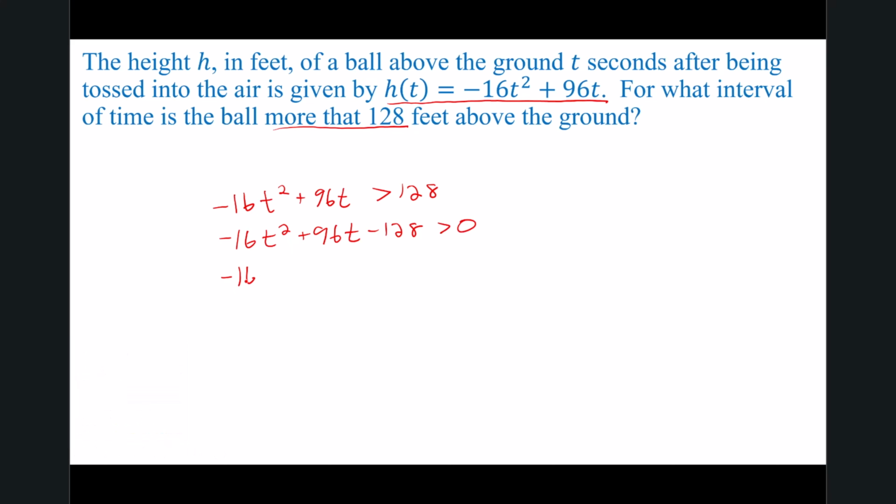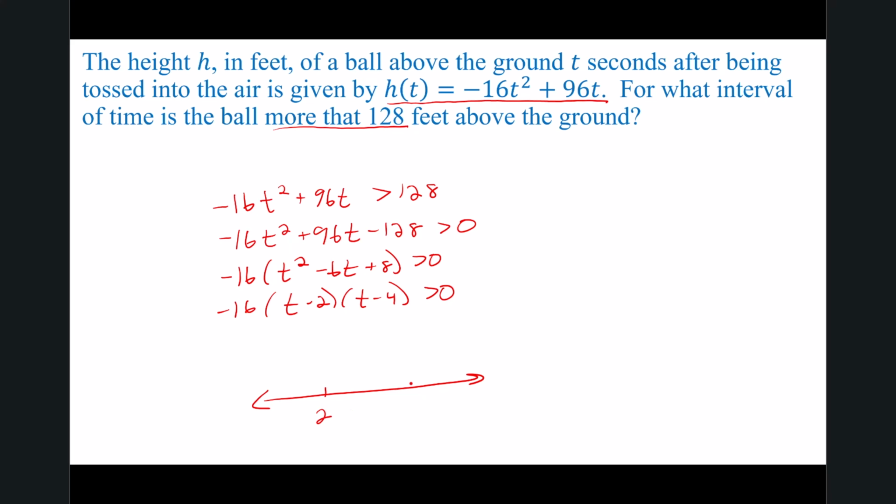Then I can factor out a negative 16, and I would get t squared minus 6t plus 8 greater than 0. So negative 16 times (t minus 2)(t minus 4). So my zeros of this function now are 2 and 4. Now I know I have a parabola that opens down because my leading coefficient, negative 16, opens down.